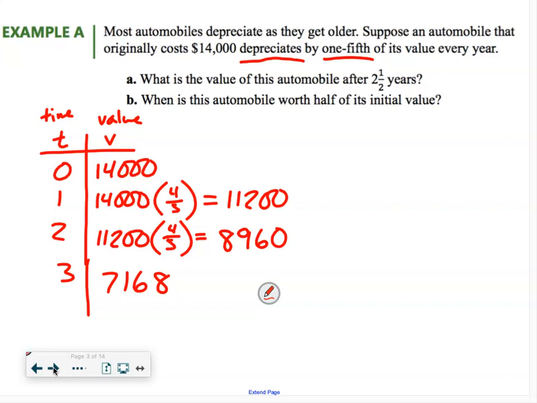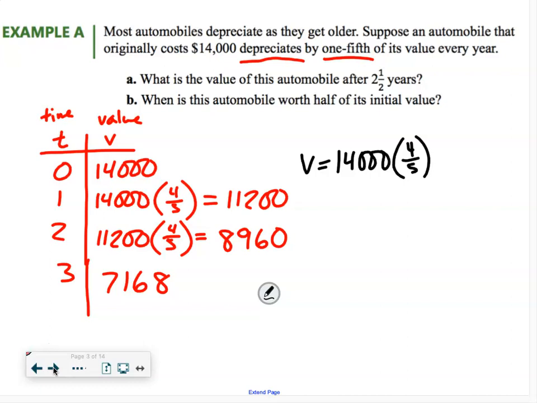Let's think about this. We started, I'll put V for value, with a value of $14,000, and then each year we multiply times 4/5. So after the first year, we would have 14,000 times 4/5 to the first.